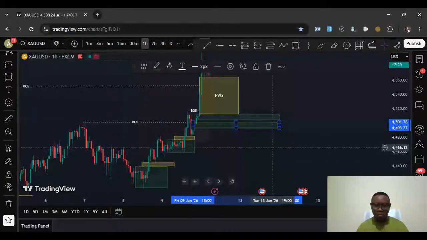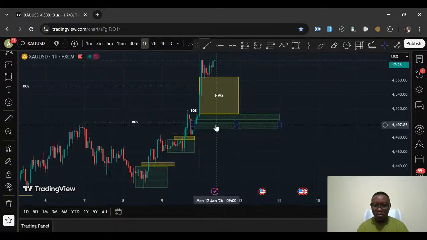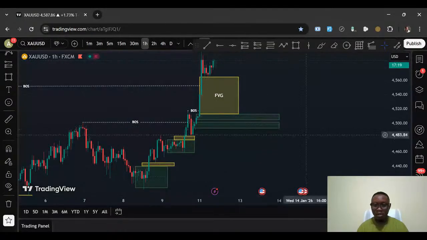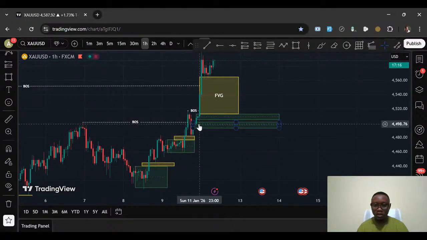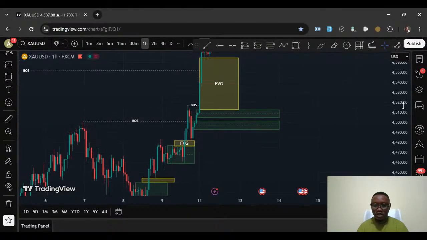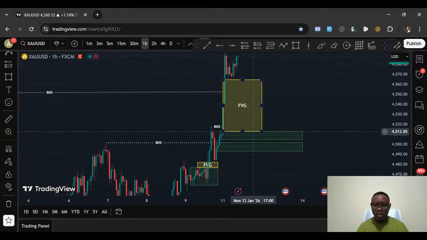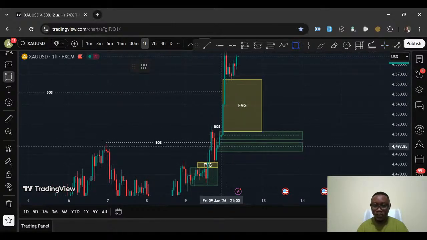So this is my 1 hour order block zone. This is the origin that led to this break of structure from the 1 hour bias or perspective. Again, it met all of the criteria for a valid order block zone. The presence of an FVG.